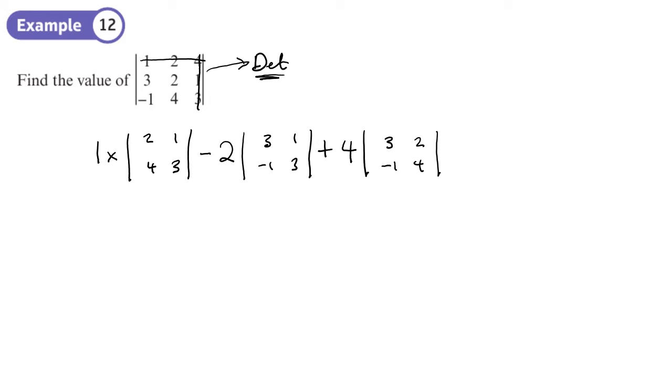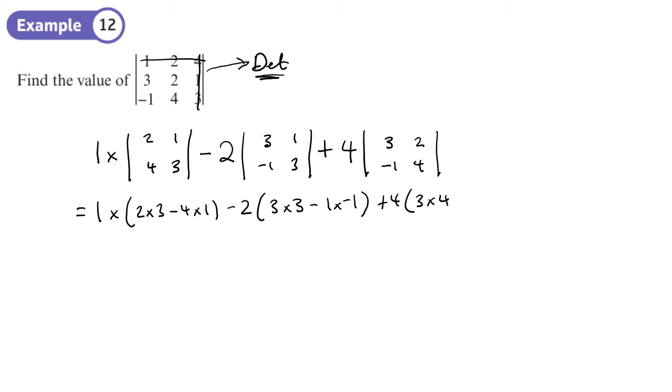So it's going to be 1 times, now the minor is going to be the determinant, so that's going to be 2 times 3 minus 4 times 1, minus 2 times 3 times 3 minus 1 times negative 1, plus 4 times 3 times 4 minus 2 times negative 1.